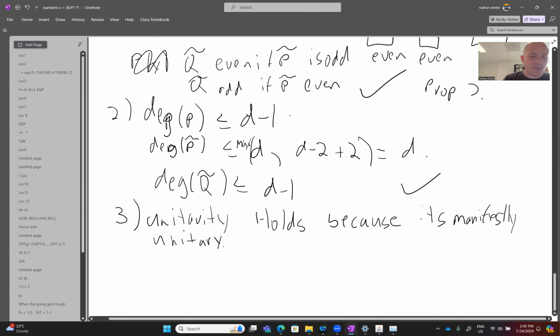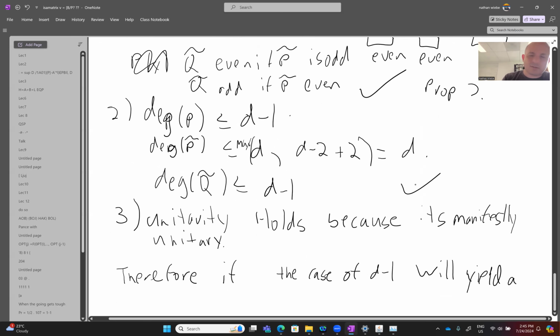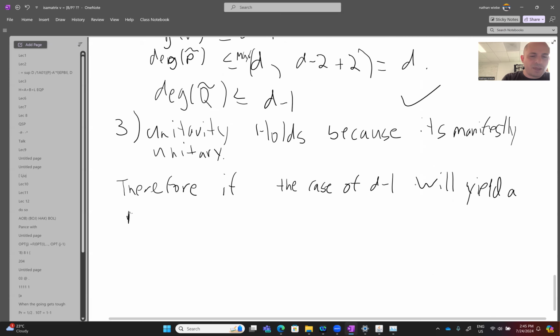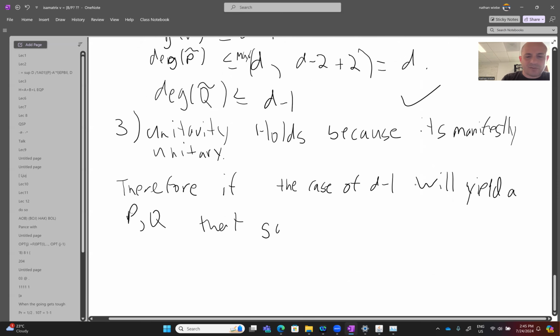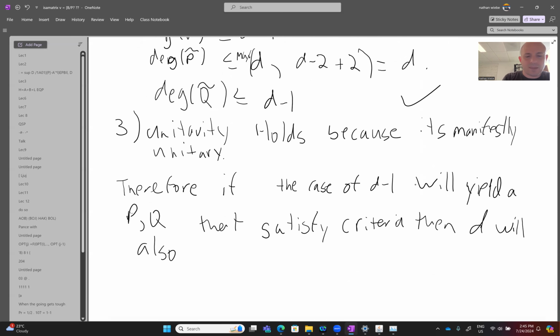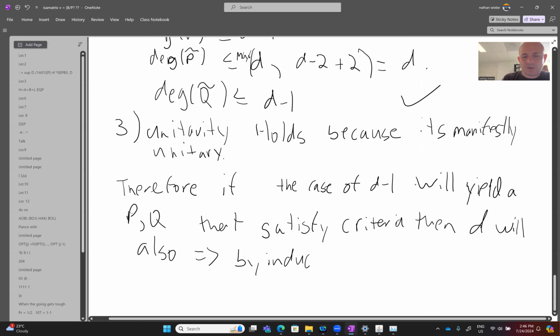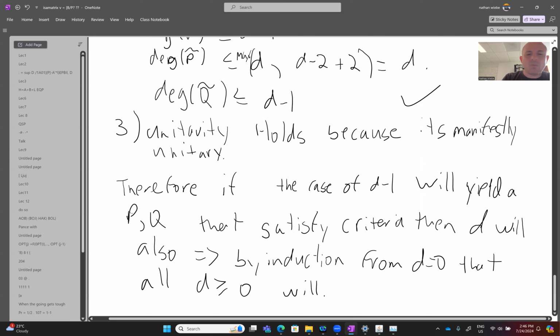So this shows that if the case of d minus 1 will yield p and q that satisfy the criteria, then d will also, which implies by induction from the base case d equals 0 that all d greater than or equal to 0 will. Wonderful. So this shows the forward direction.